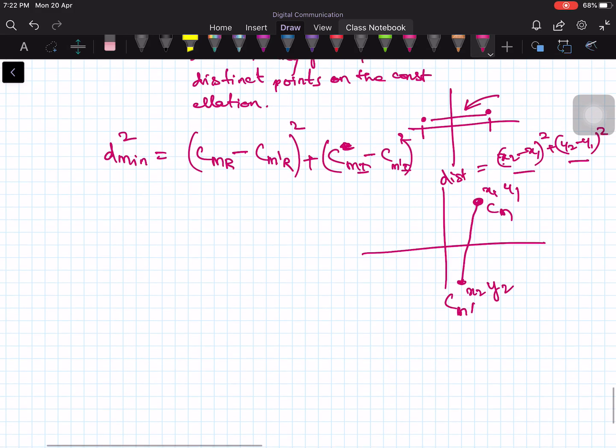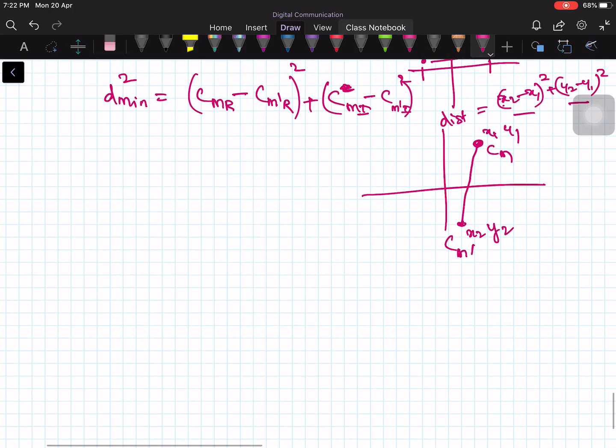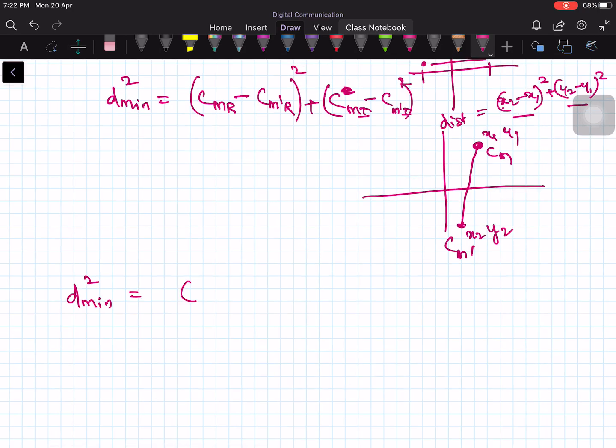Okay, so let me write one more very clearly here. d min square equals the real part x2 minus x1, that is Cm r minus Cm prime r, whole square, plus Cm I minus Cm prime I, whole square.